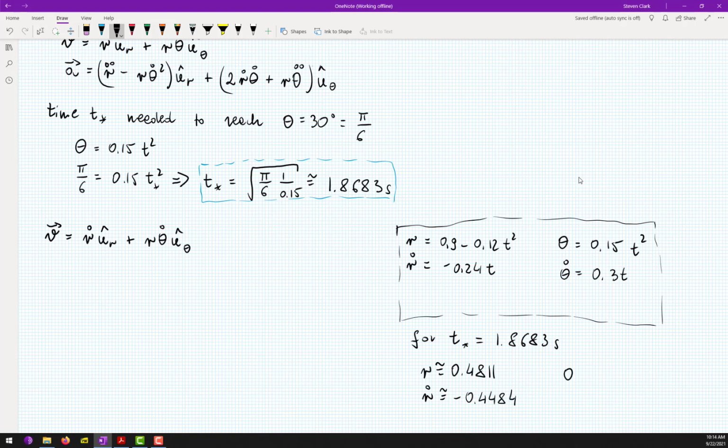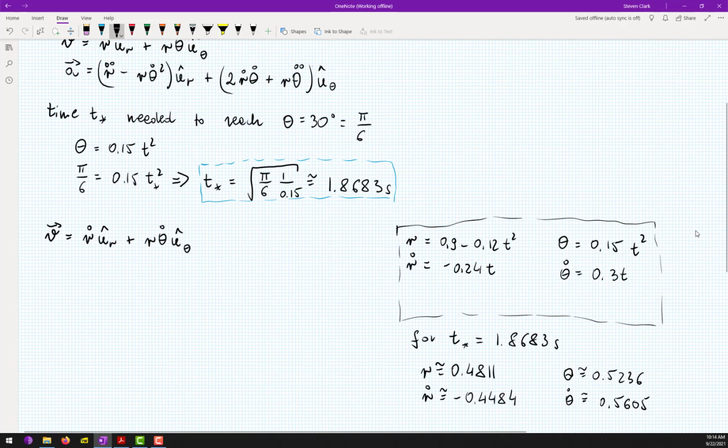And theta will be obviously pi over 6, so 0.5236. And theta dot is approximately 0.5605. A lot of calculator job.